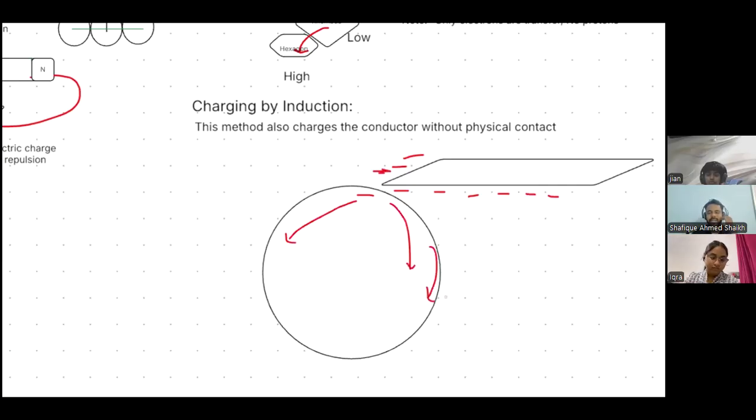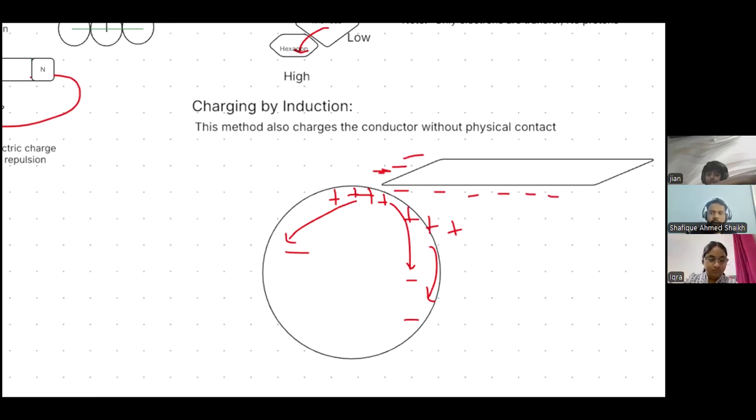Because same charges repel each other. So when the negative charges are moving backward, the only charge that will remain at the surface will be the positive charge. And due to that, that side of the sphere becomes positive in nature.